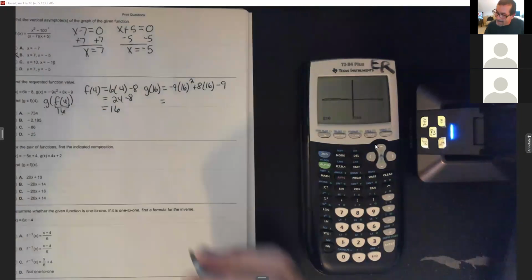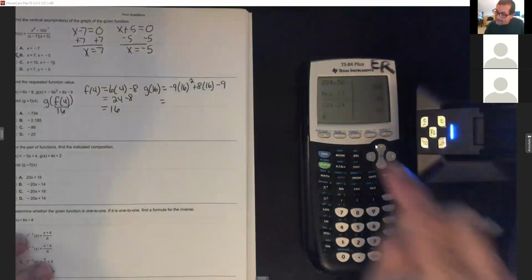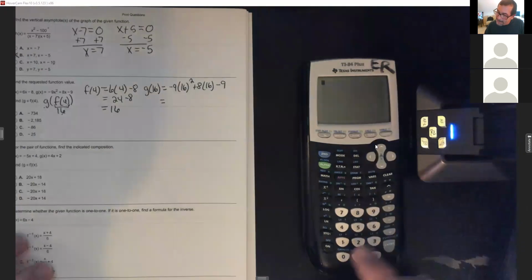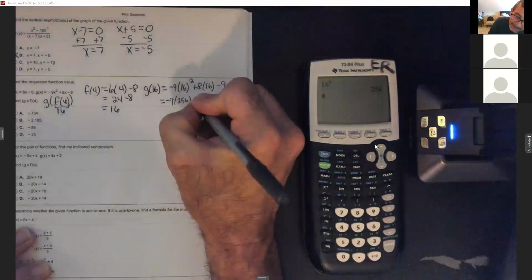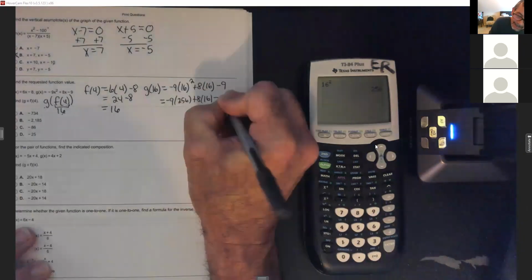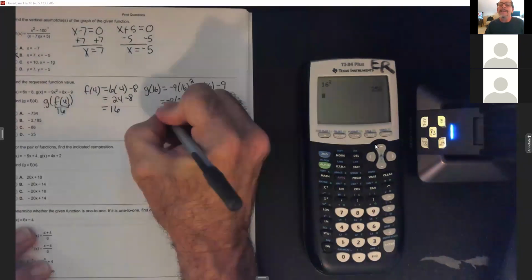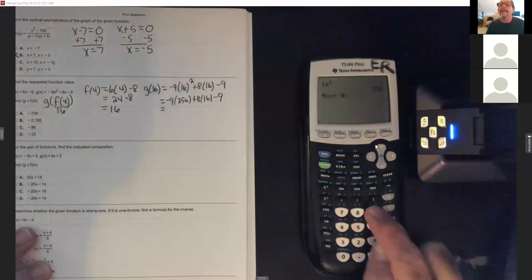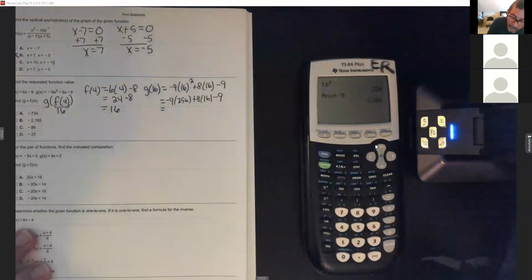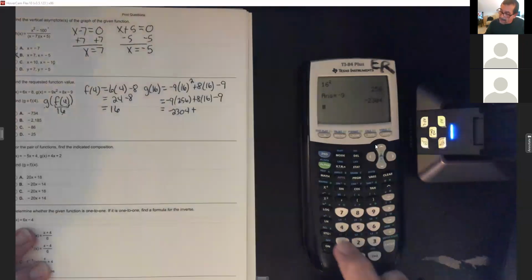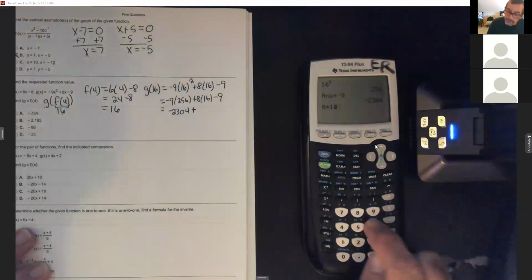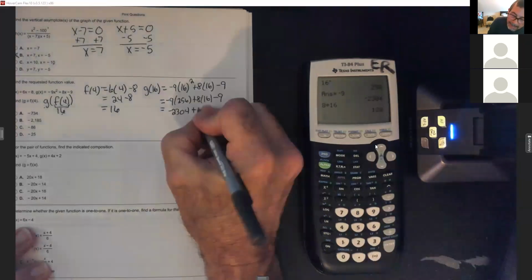So let me clear that. If you notice, 16 squared is 256. So you would have negative 9 times 256 plus 8 times 16 minus 9. So 256 times negative 9 gives you negative 2304, plus 8 times 16 is 128, minus 9.